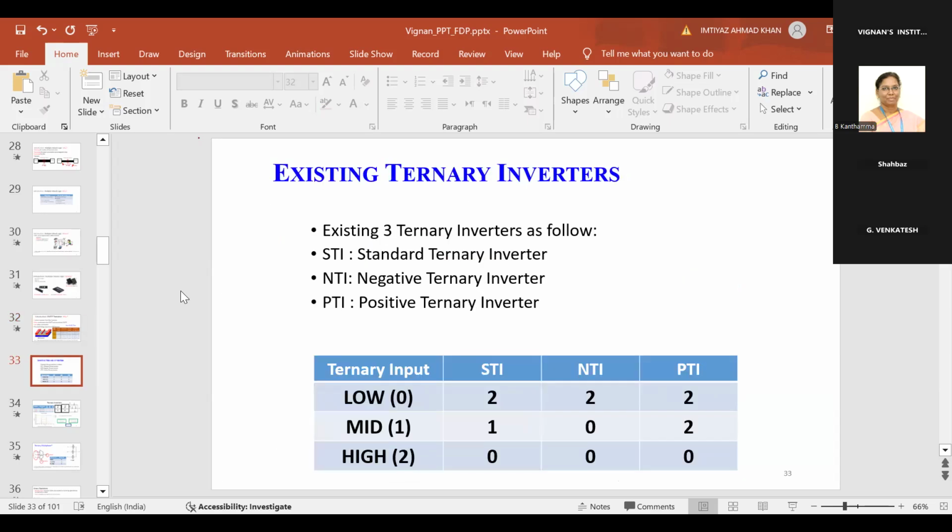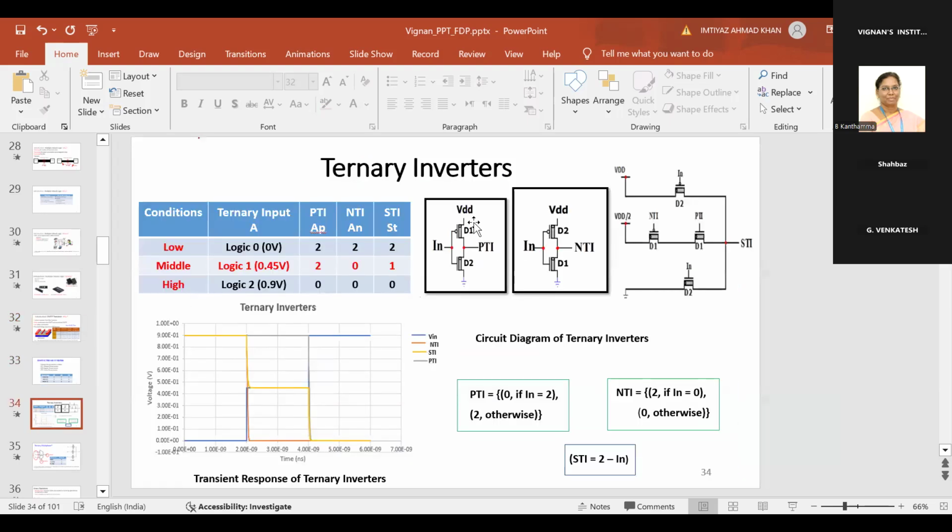Means the output will work for both 0 and 1 logic. That is the reason the positive ternary inverter is on for 0 and 1. For the negative ternary inverter, it will be off.